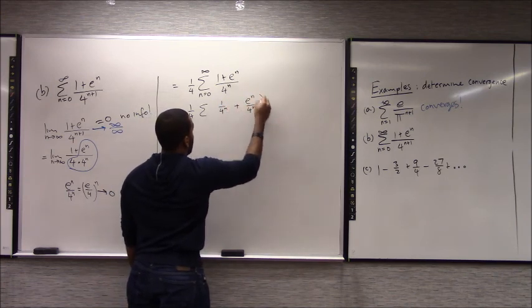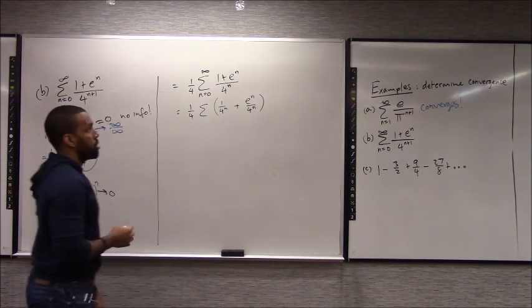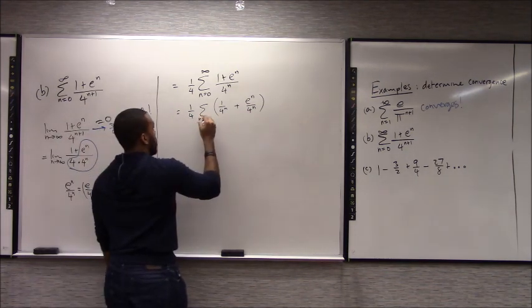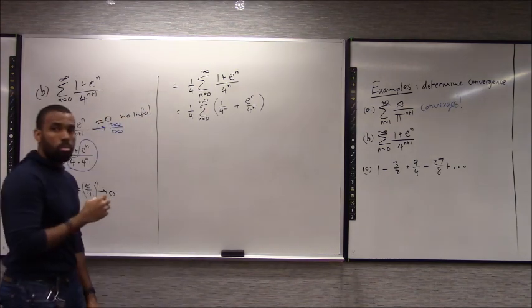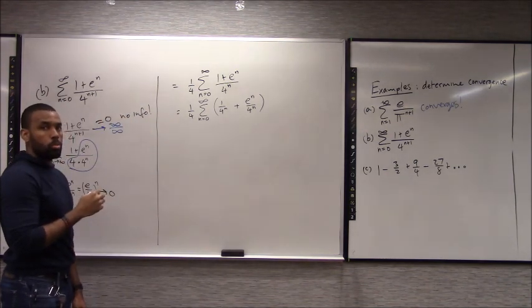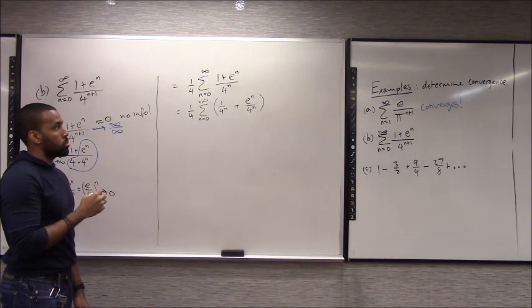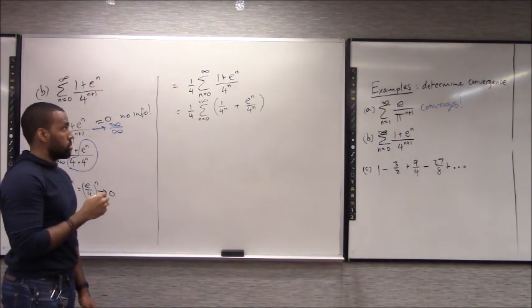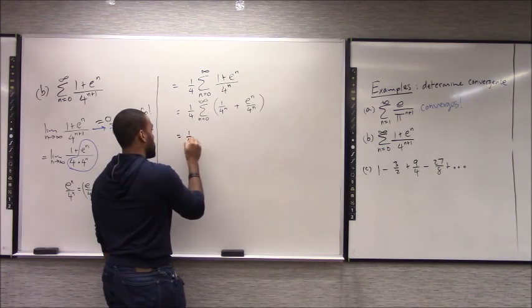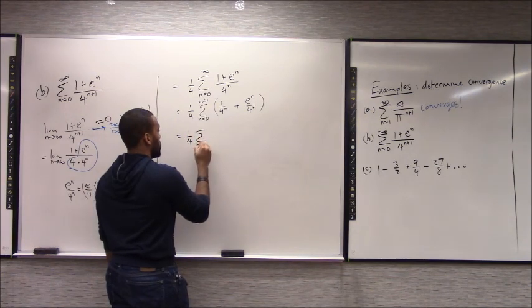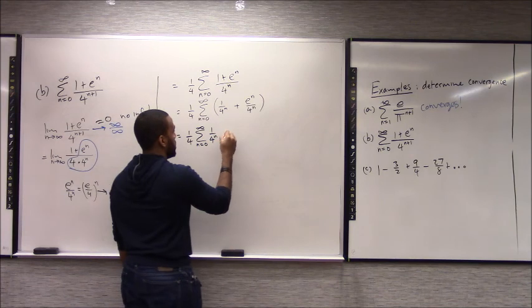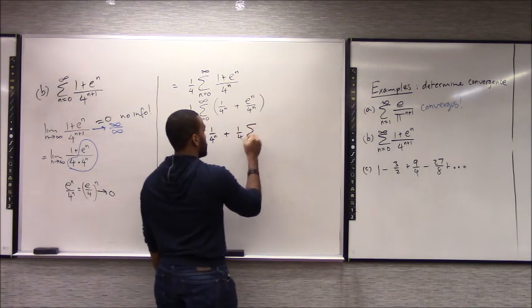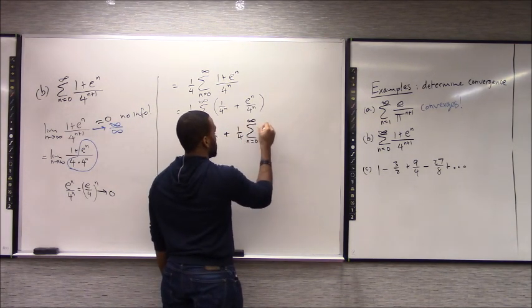But it's a plus. How does a series deal with a sum? You can make them separate. Right, series distribute across sums. That was one of the properties. Series don't have a lot of nice properties, but that's one of them that's kind of nice. Series actually distribute across sums, so you can do this.